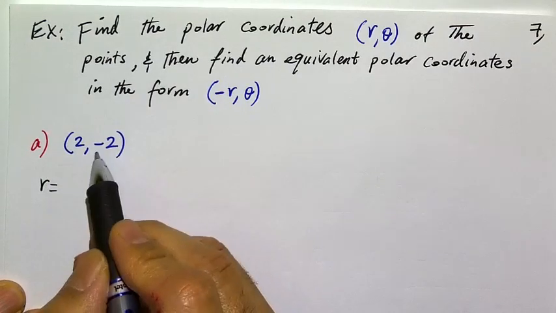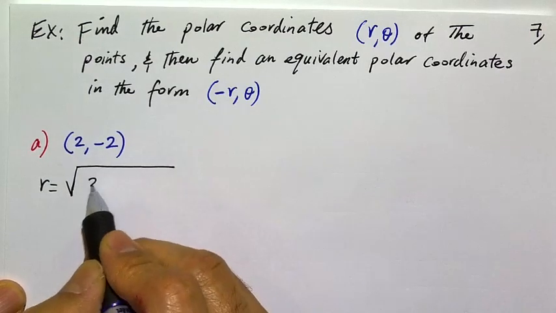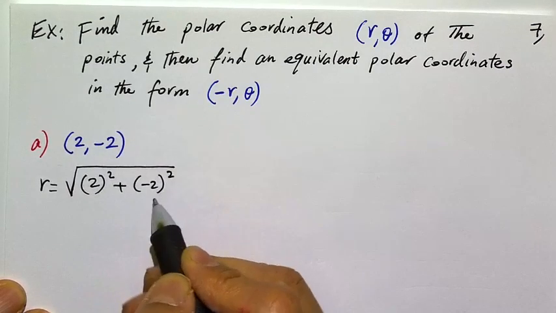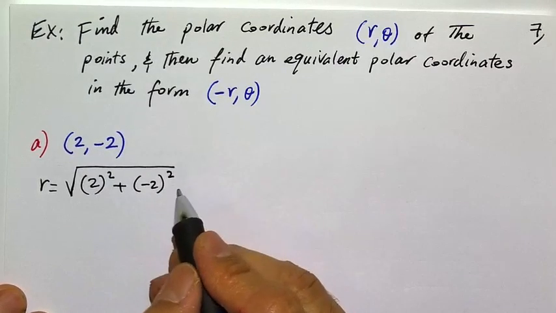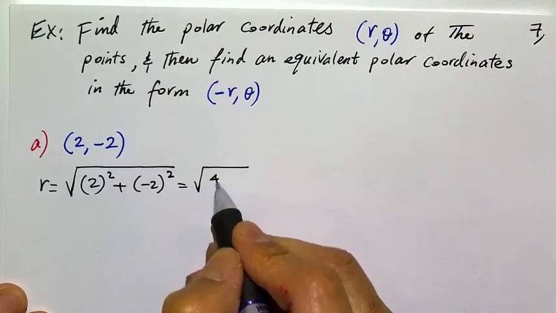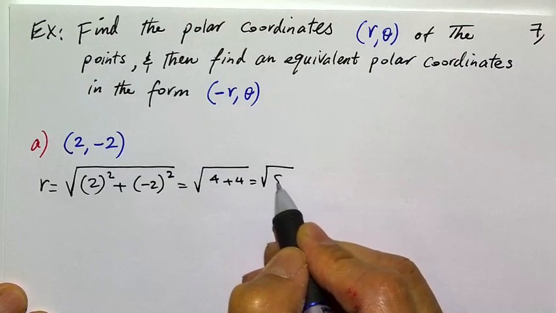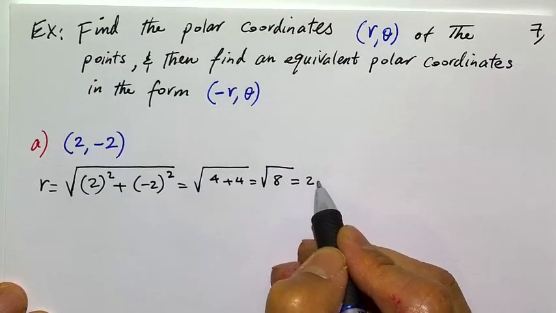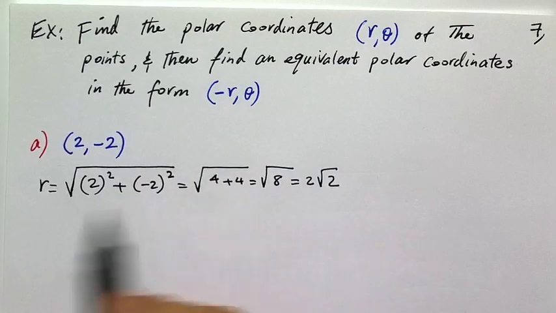So we're looking for r, so we're just going to take the square root of both sides. 2 squared plus minus 2 squared, right? X squared plus y squared. And we get 4 plus 4. We get square root of 8. Square root of 8 is square root of 2 cubed, which would be 2 square root of 2. Okay, now this is our r.